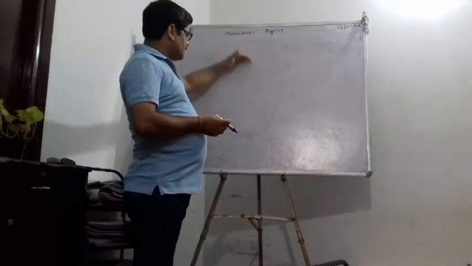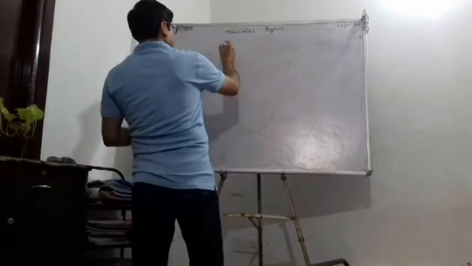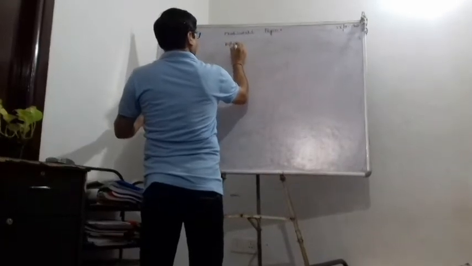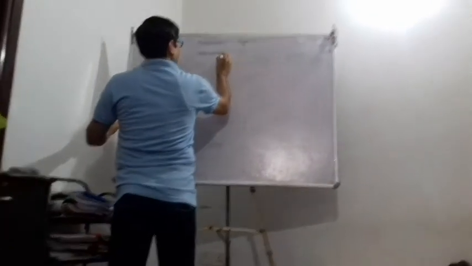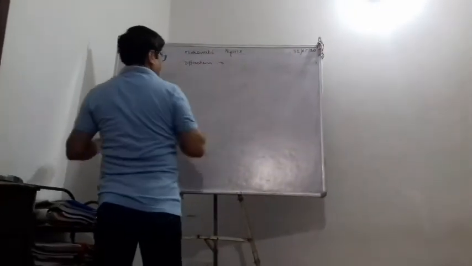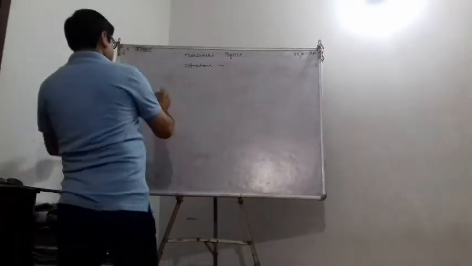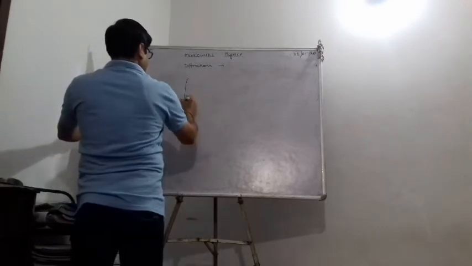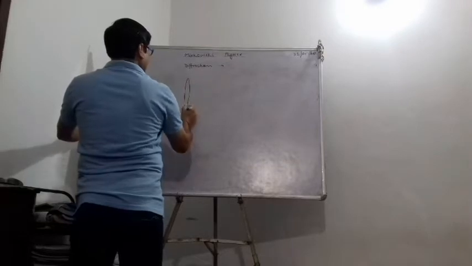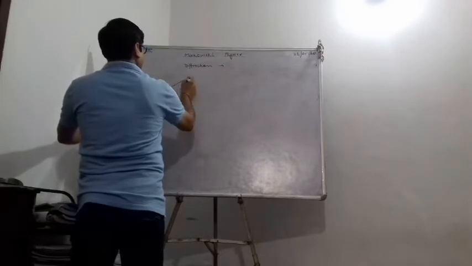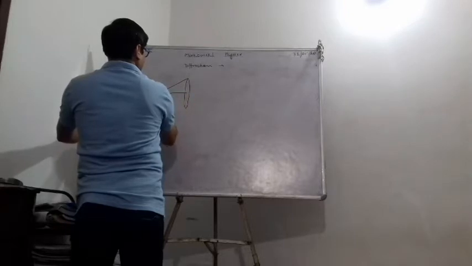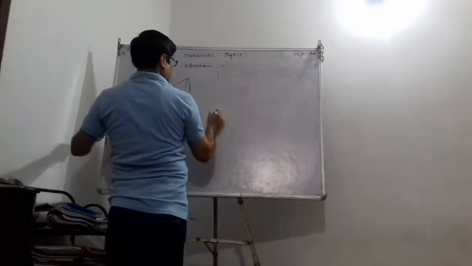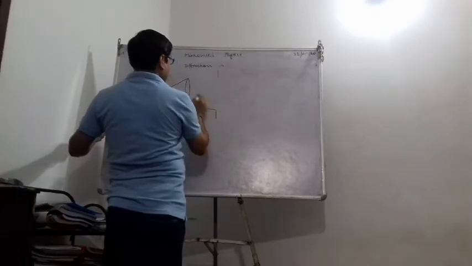So when you study diffraction, it is very simple. Definition of diffraction: suppose this is the light source S, and light is collimated by the lens.